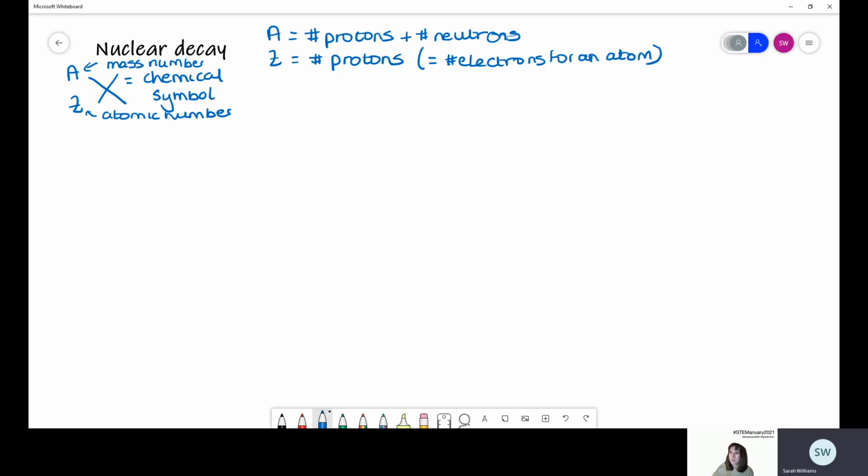And of course, that means the number of neutrons in general is going to be A minus Z.